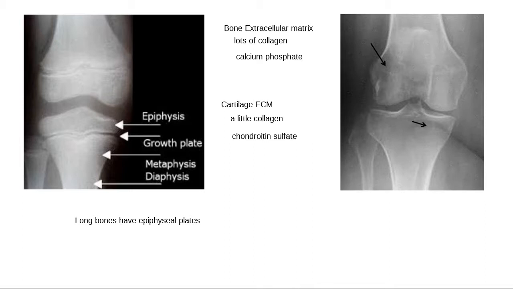All of them have epiphyseal plates, at least until we're done growing. You would see those epiphyseal plates as a floating space in between the parts of the bones. That's because I've got chondroitin sulfate there, because I have hyaline cartilage connective tissue as opposed to calcium phosphate.